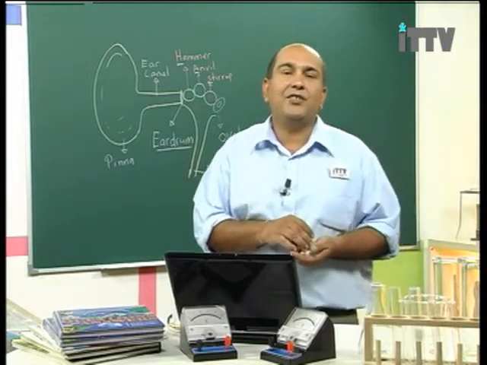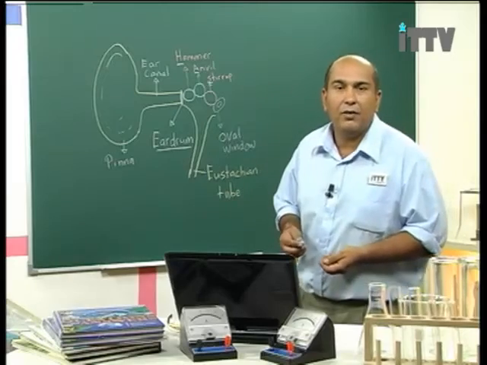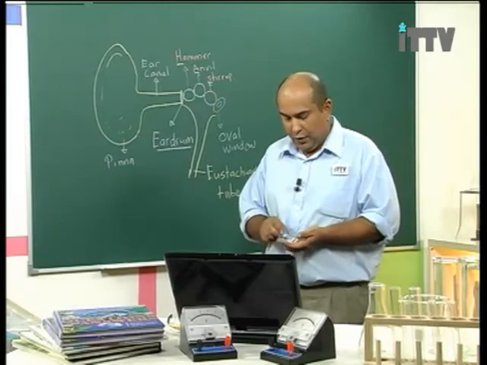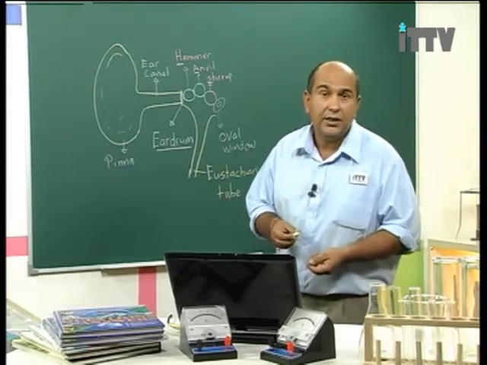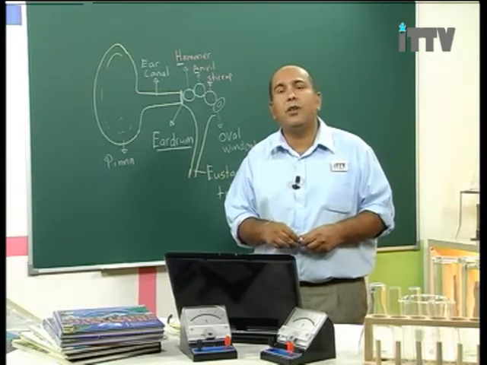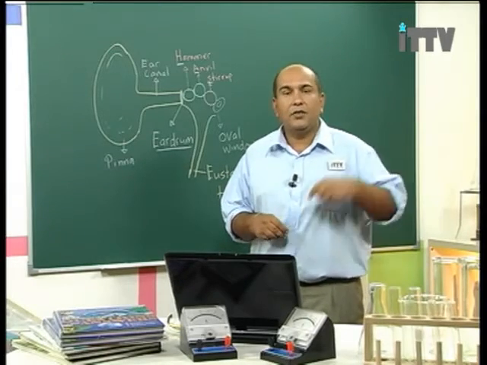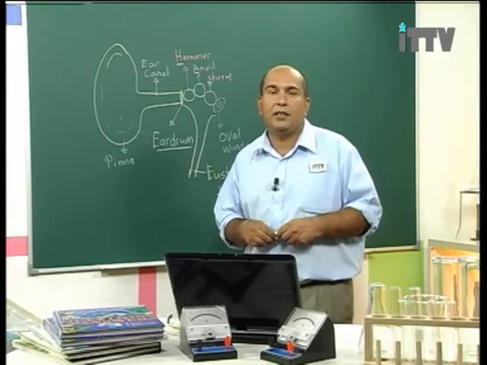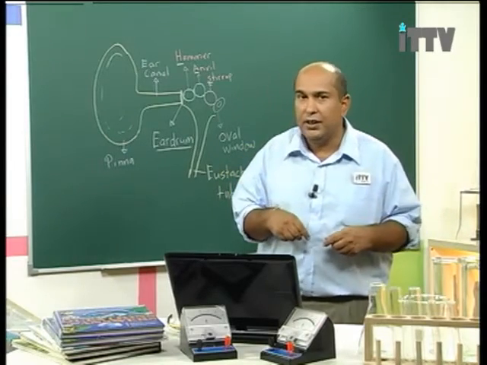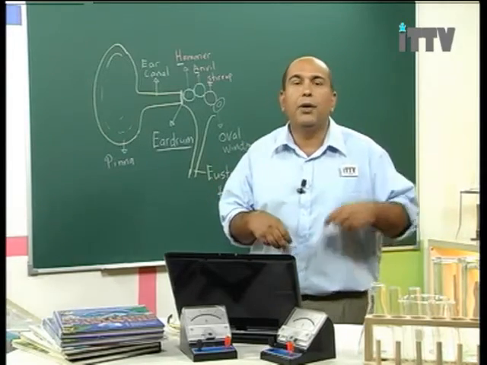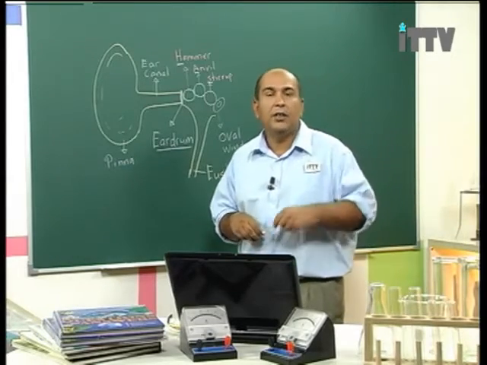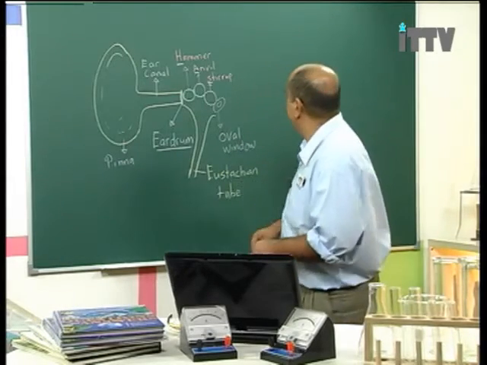So these are the last two parts, which are both found in the inner ear. We'll deal with the cochlea first, because the cochlea is directly related to hearing. As we'll see later, the semicircular canals really don't have a function in terms of hearing, but it has another important function that we'll discuss later.